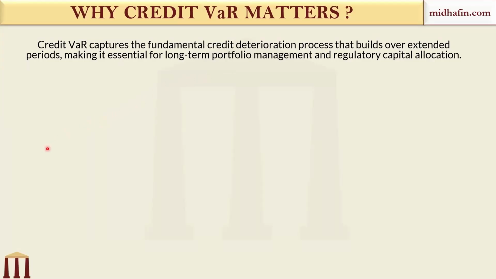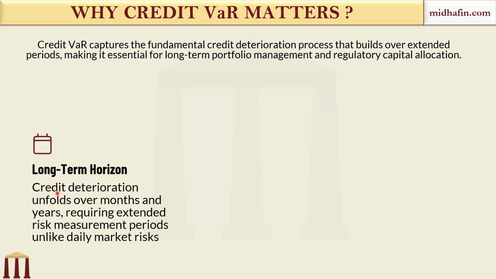The first point is that the credit deterioration process, this credit risk itself, unfolds quite slowly because defaults and downgrades don't happen overnight. They actually build over months or even years. That is why credit VaR is measured over a much longer term horizon, typically 1 year, unlike market VaR, which is measured on a daily basis in general.